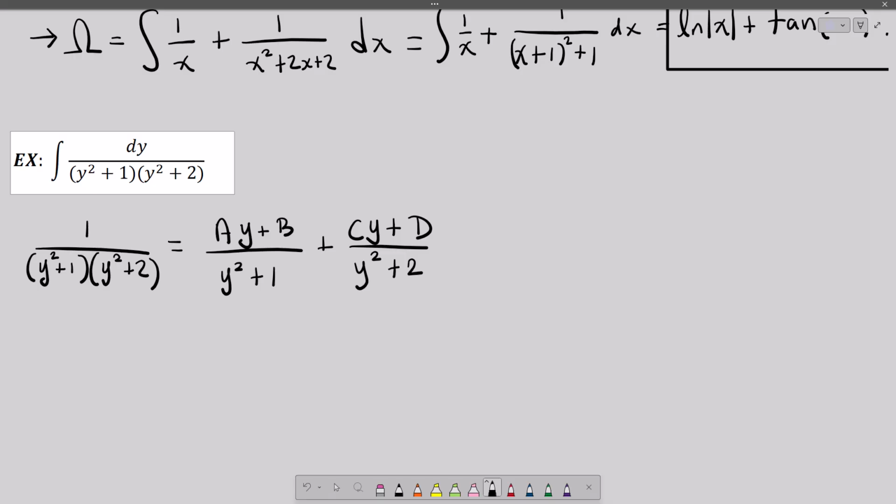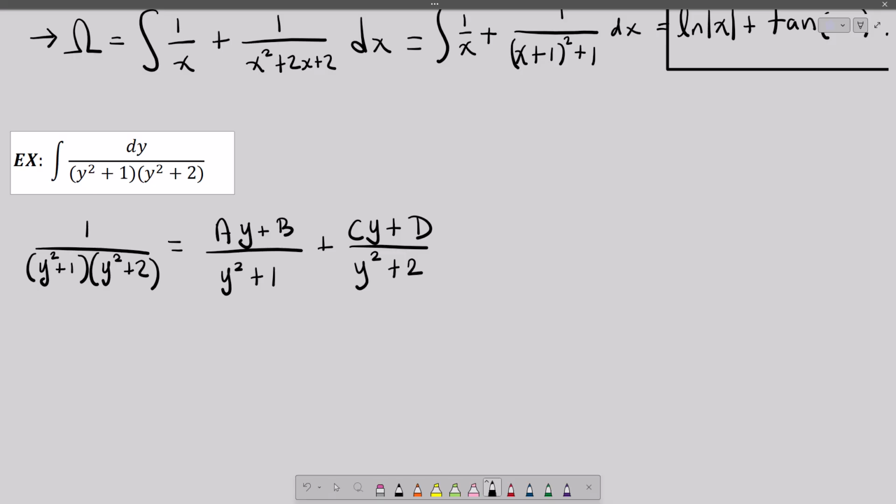It's AY plus B, the whole thing. You have to FOIL. It's supposed to make a full system. B plus D is 0.